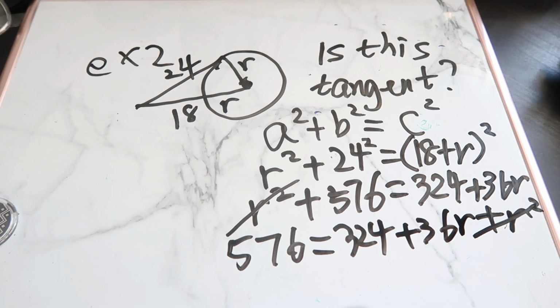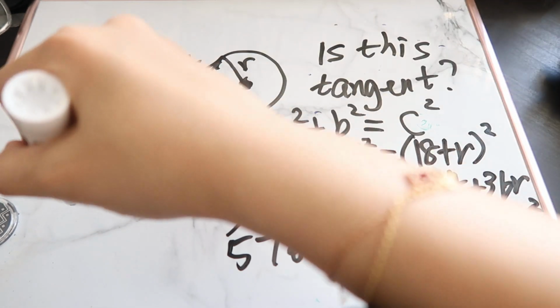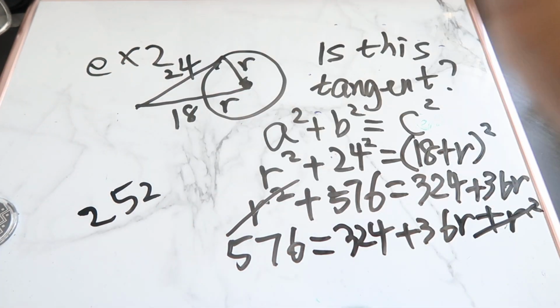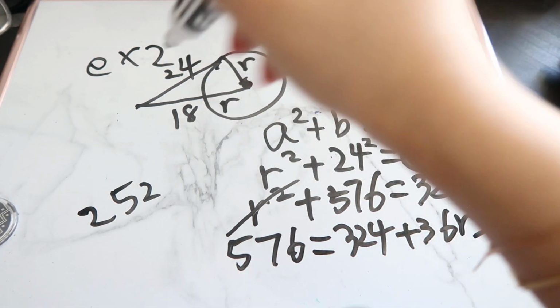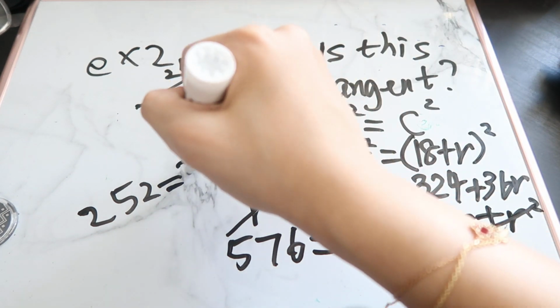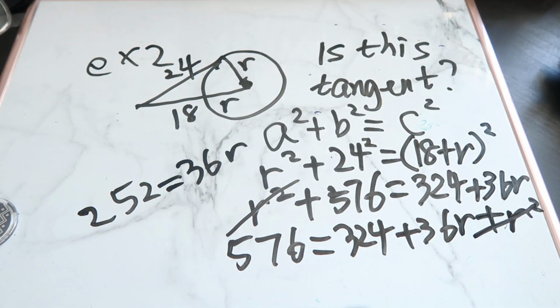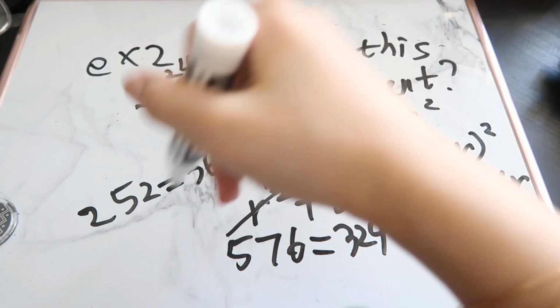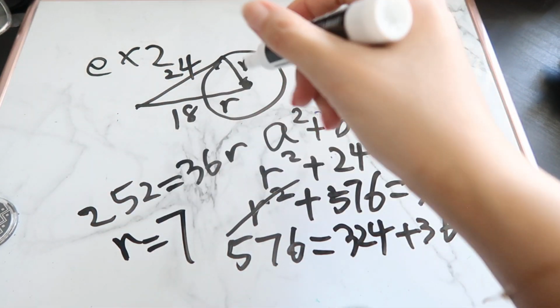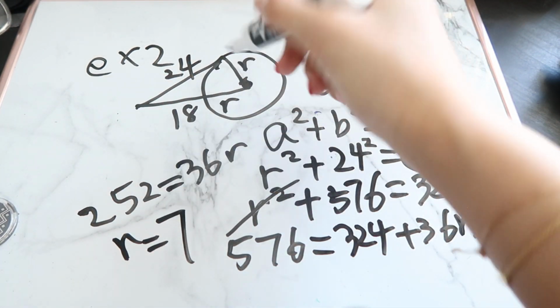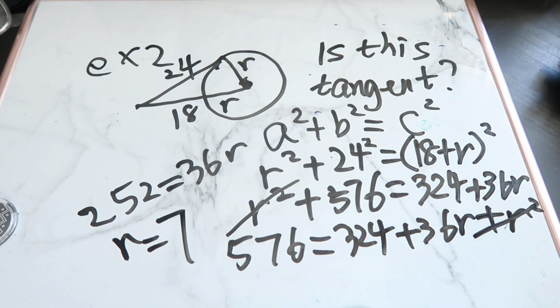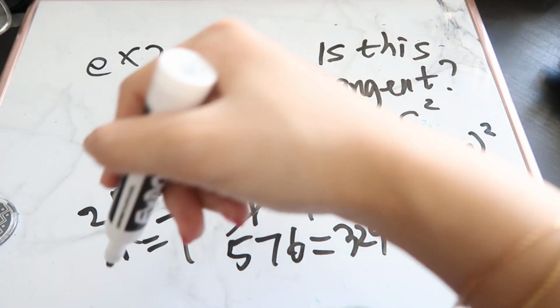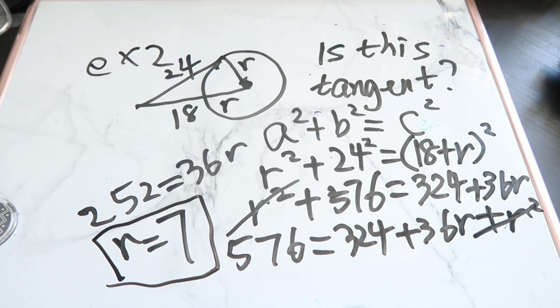Subtract 324 on both sides. It will be 252 equals 36r. Divide by 36, and r would be 7. So when you plug in 7 for r, you'll figure out that this is a tangent line, and the value of r is 7.